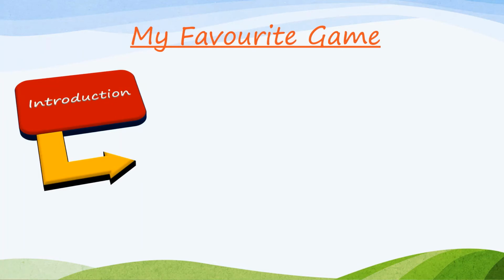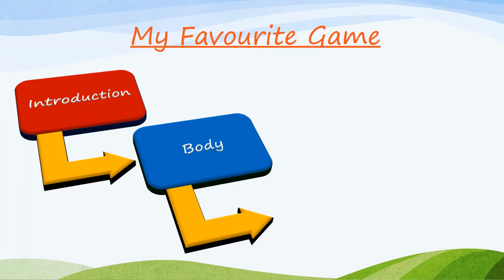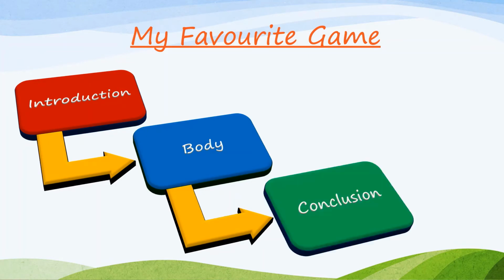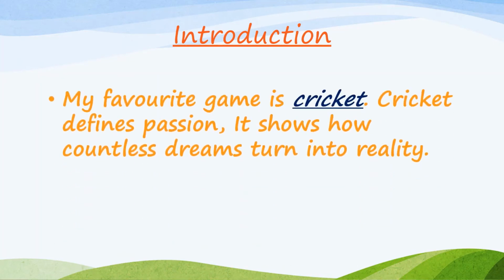We start the introduction of my favorite game with what your favorite game is. And then we start the body. How do we start? With many supporting sentences about whose favorite game it is and all. And then the conclusion.